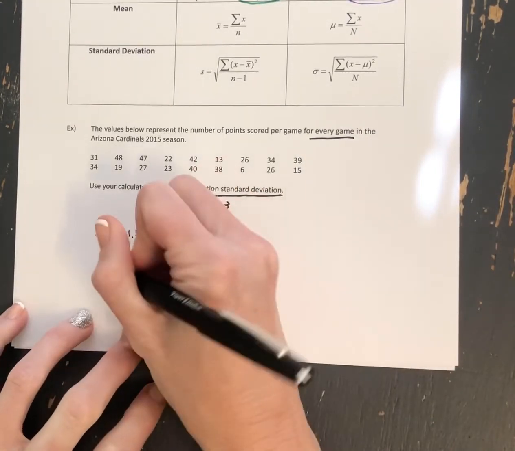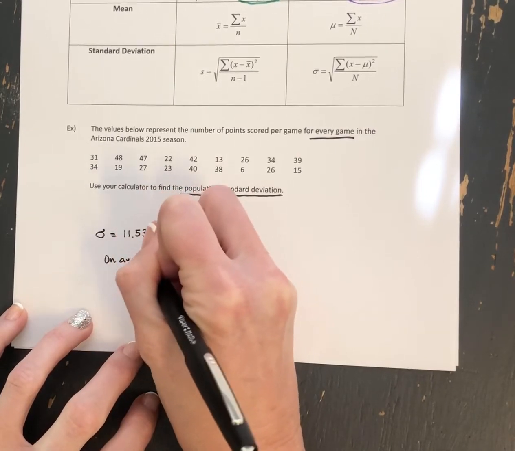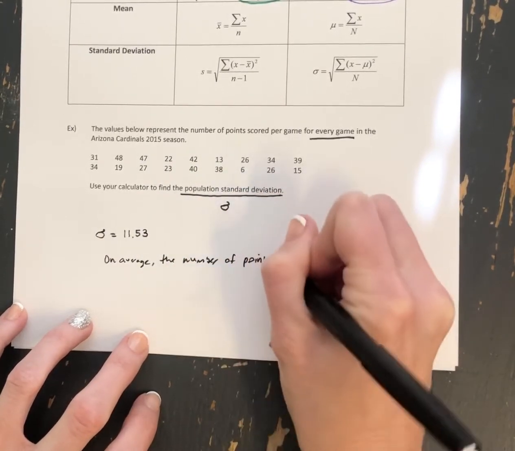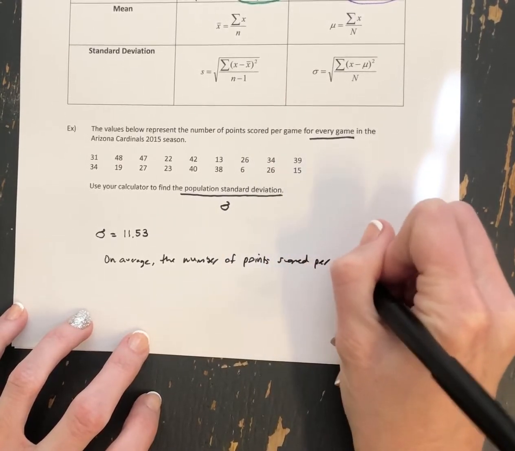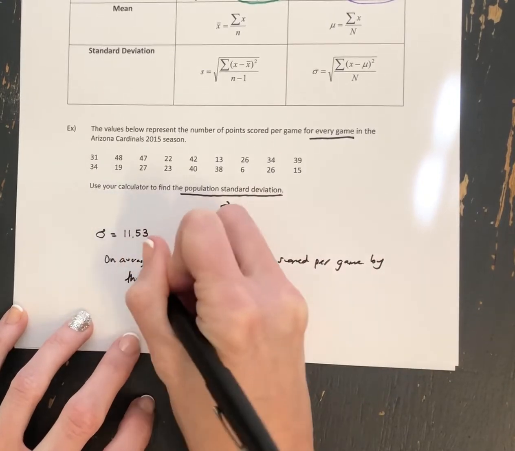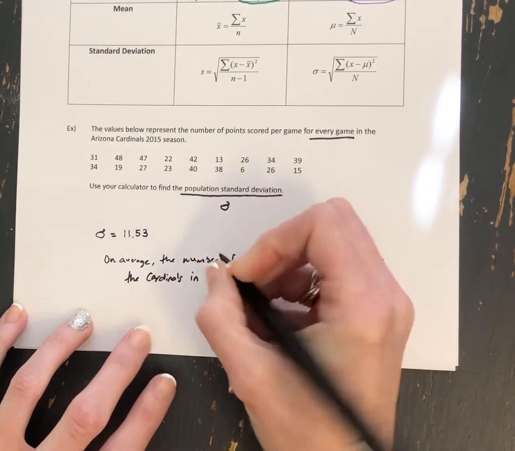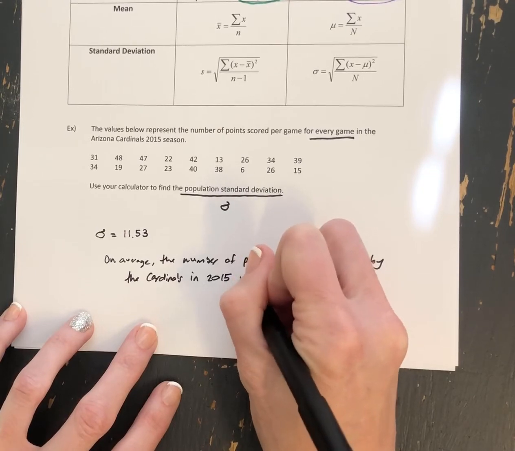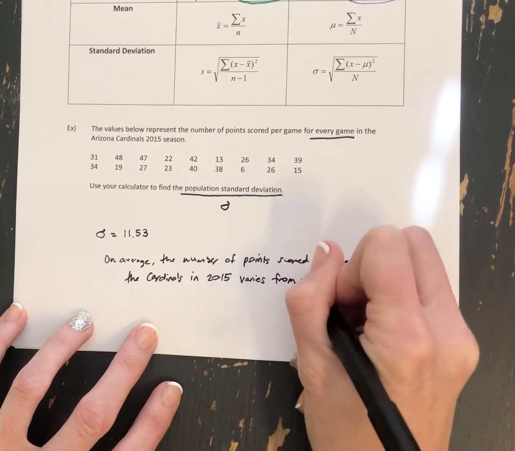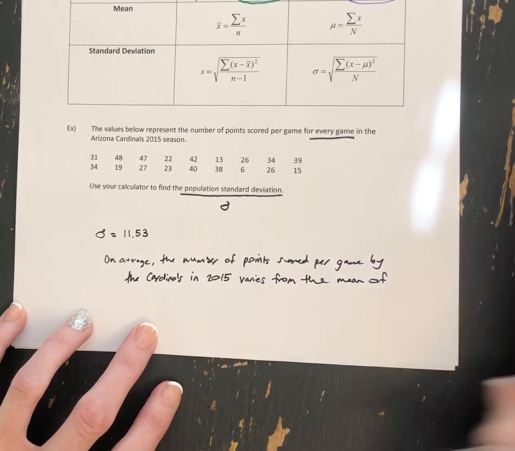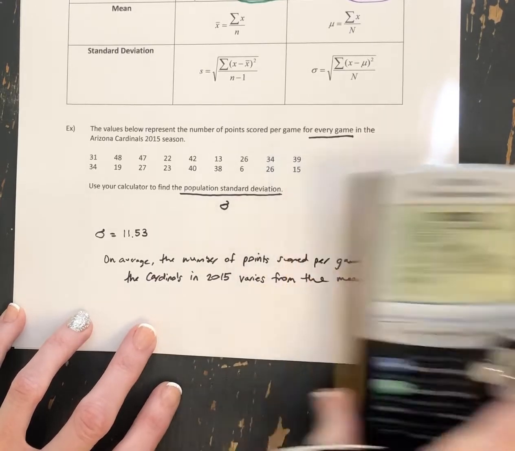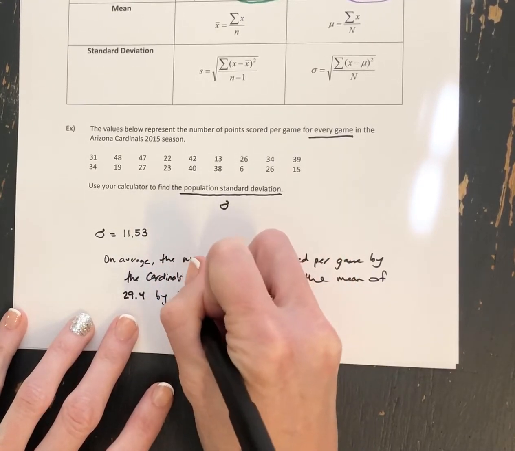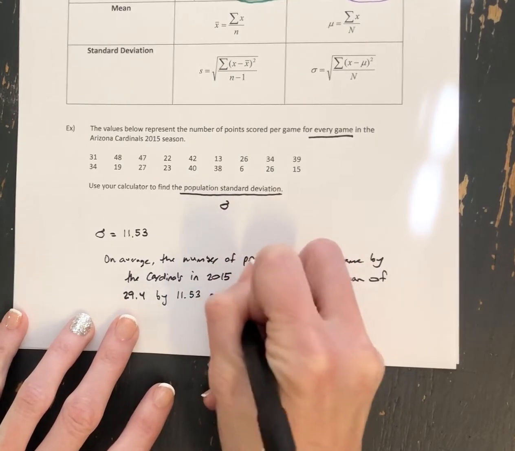And an interpretation of that means that on average, the number of points scored per game by the Cardinals in 2015 varies from the mean of, and we have the mean, right, 29.4, by 11.53 points.